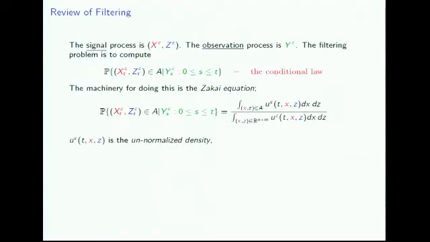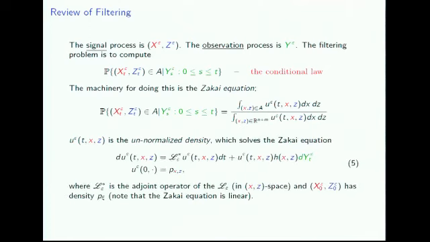Now I would like to ask, what is the probability of finding X and Z, given the set A, given the information up to time T? That is what we call the conditional law, and it is given in terms of the unnormalized density. We want to solve this equation as easily as possible.